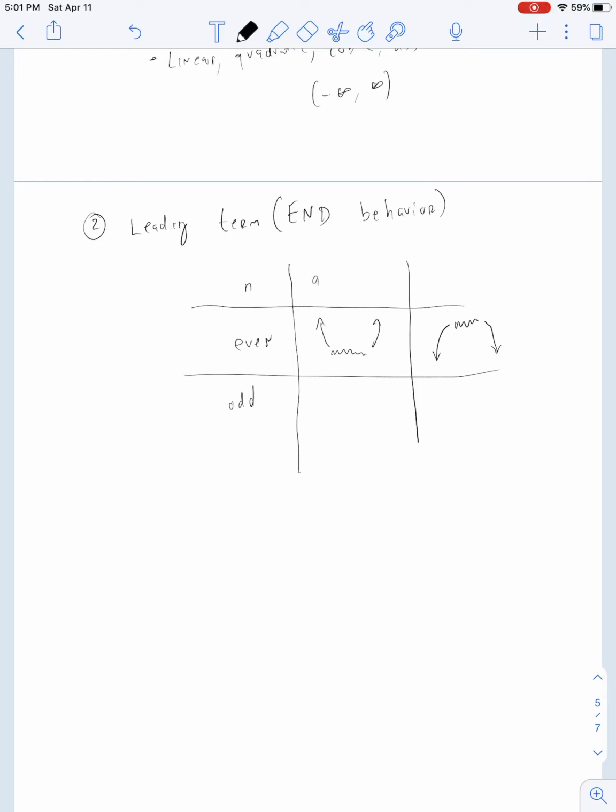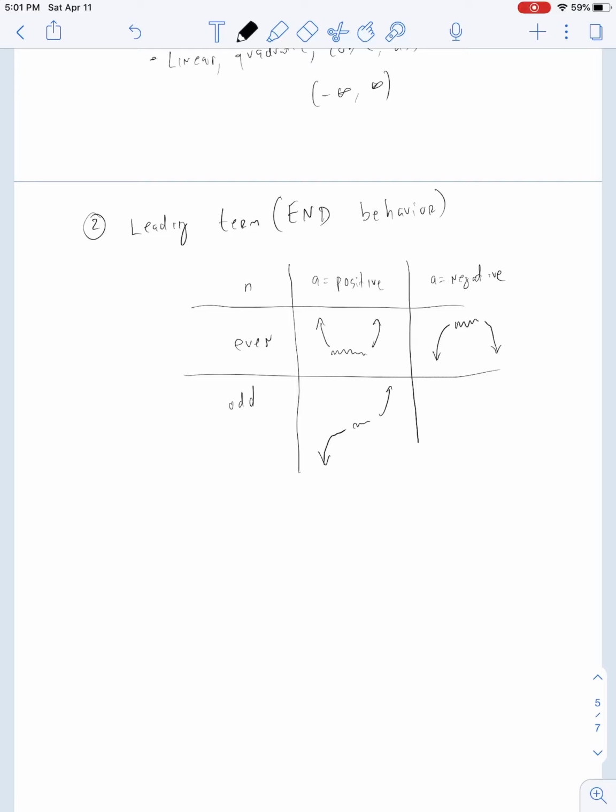It opens up if our a is positive, opens down if our a is negative. And if our n, our leading term n, is odd, then it's going to go like this.